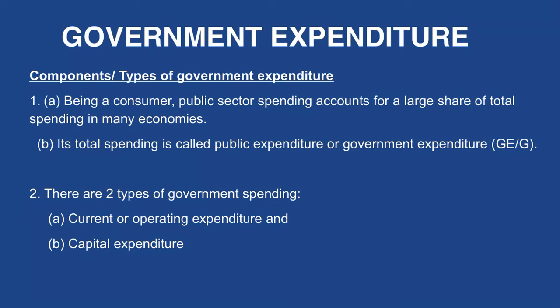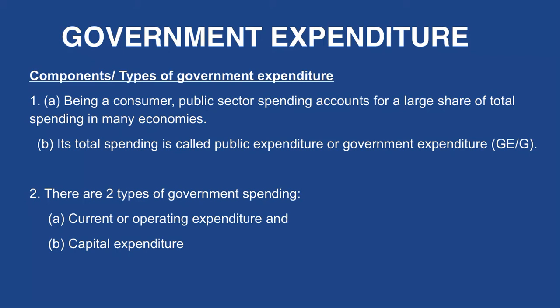Next, let's move into government expenditure. As we discussed earlier, there are two types of government expenditure that you have to know. One is the current expenditure, or operating expenditure, or operational expenditure. The other one is the capital expenditure, or development expenditure. In the previous chapter we discussed government as a producer, as an employer, and also as a consumer.